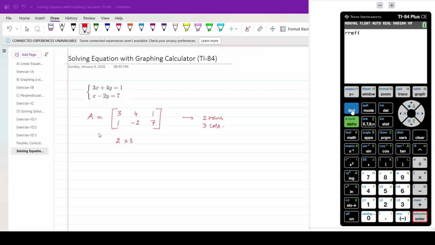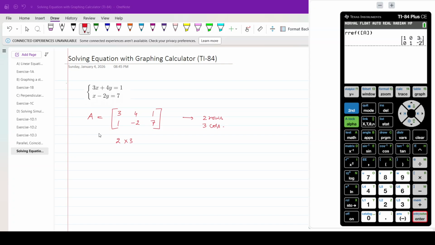So we'll again go to matrix and select matrix A. We'll just enter, and now we have our matrix A. So when we close this bracket and press enter, we get the solution. So this is our solution.